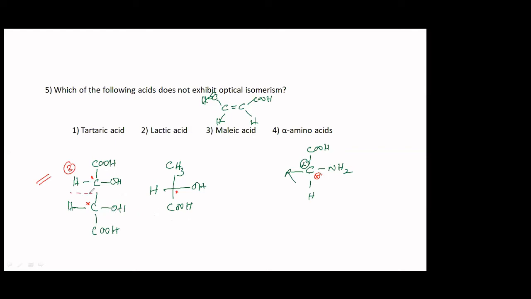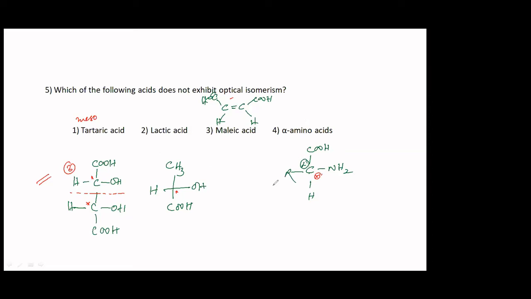This is a meso tartaric acid, optically inactive, right? And D and L would be this. Malic acid is the one which cannot exhibit optical isomerism. In fact, if they had given meso tartaric acid, that also would have been a correct answer. That also cannot exhibit optical isomerism because of the presence of molecular symmetry. Am I right?